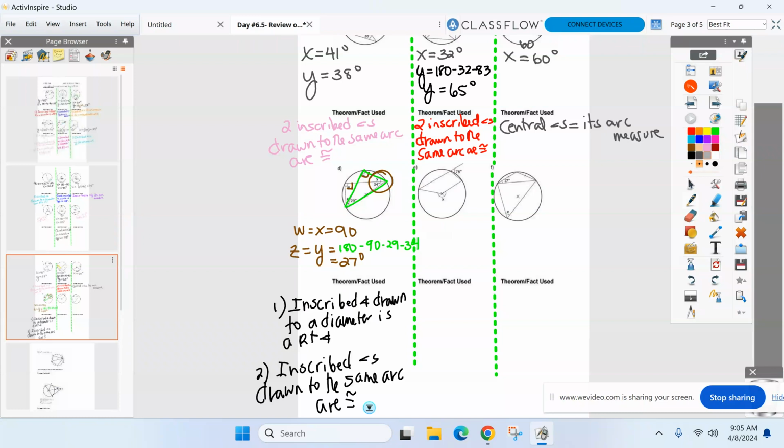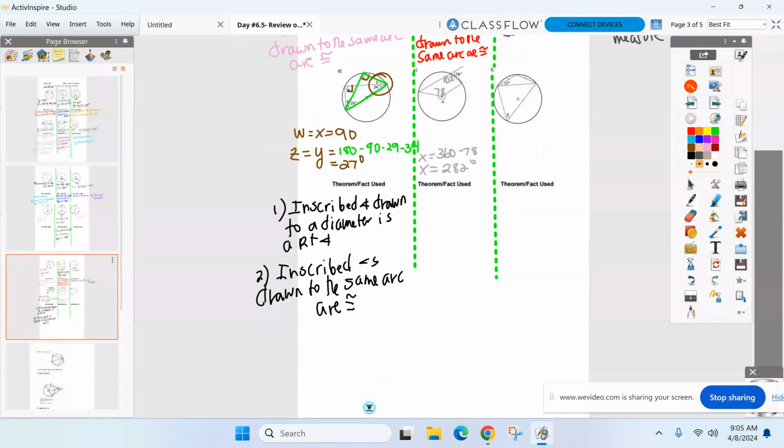You guys finding the angle next to 78, 102? Second or third time we use this fact: if I have a quadrilateral inside a circle, opposite angles are supplementary. So that's got to be 78. They're going to add up to 180. The rest of it, which is X, I know they add up to 360, those two. So 360 minus 78 is 282 degrees.